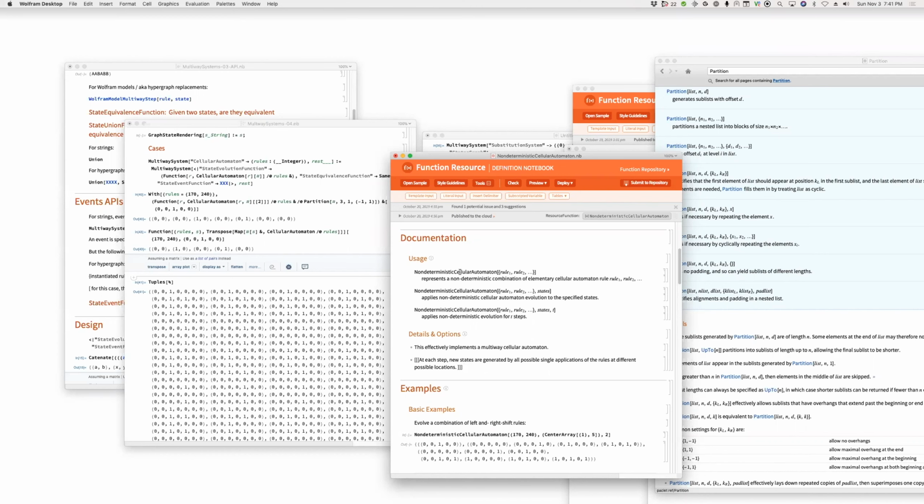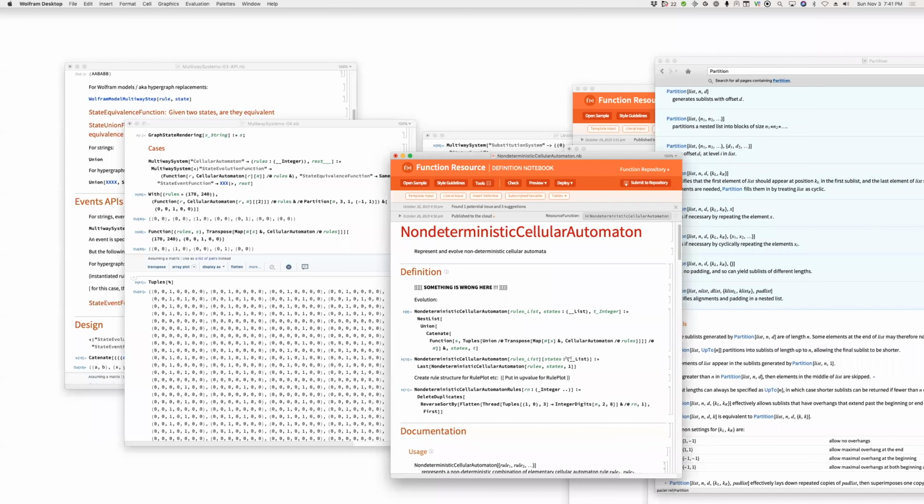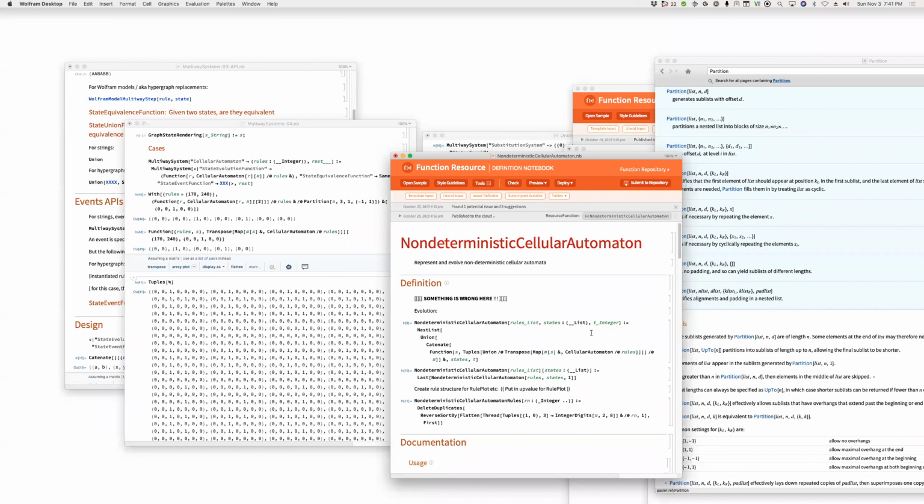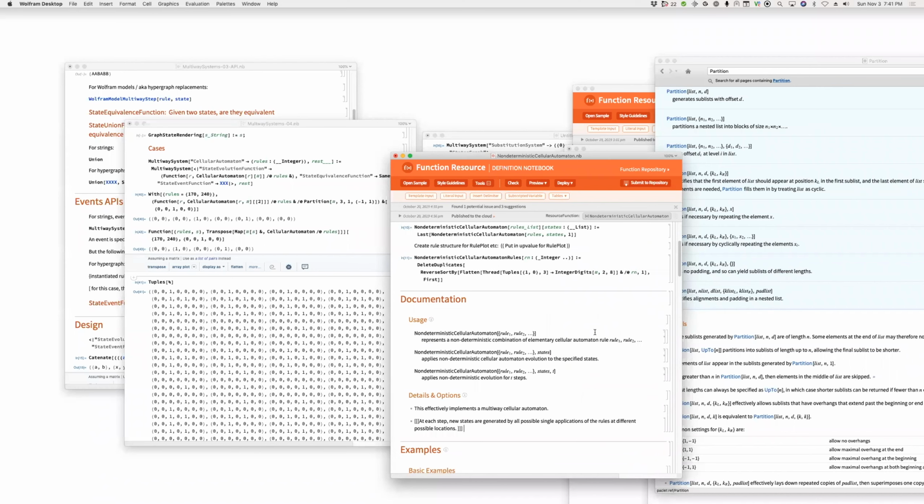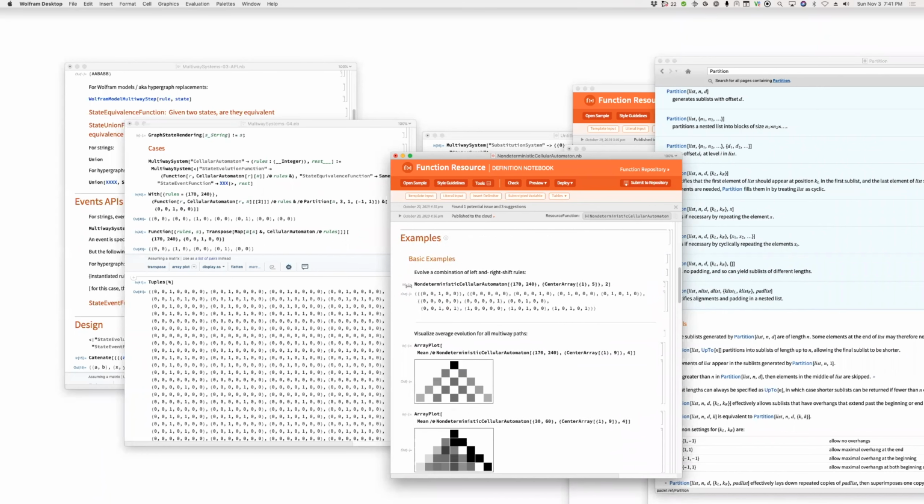All right, fine. So then this code is wrong. Non-deterministic doesn't seem quite right to me. I know what you mean by that, but for me, it's something more like a historyless cellular automaton. Well, what it really is, is a multi-way cellular automaton, because that's what we're going to generate here: the multi-way states.